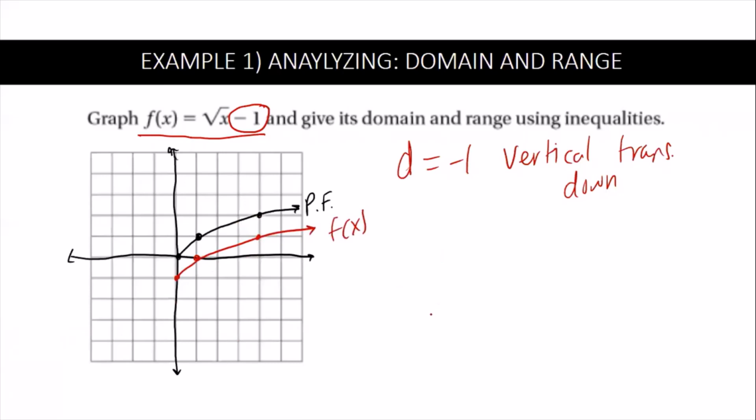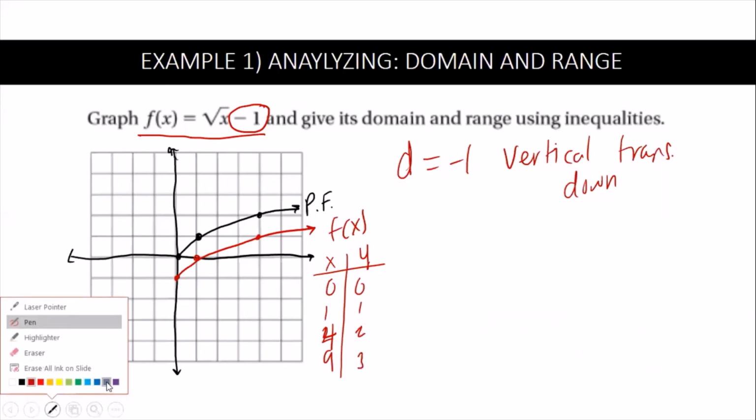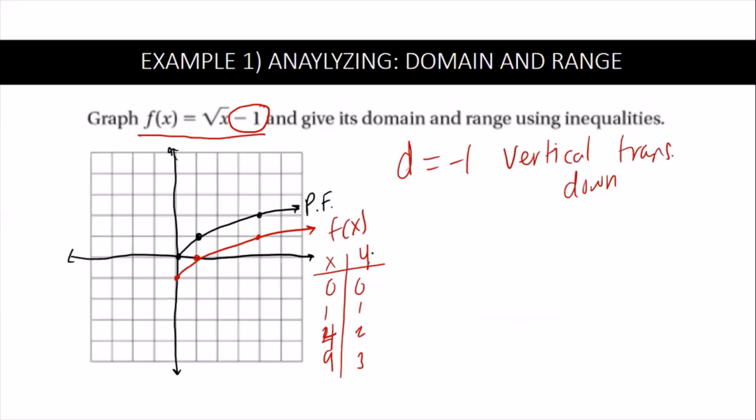So if you were to look at a table to do this, so remember our parent function table where it said your x's are 0, 1, 4, and 9. And your y's were 0, 1, 2, and 3. What this translation is saying is that, remember, it affects your y values. So to each one of your y values, you're subtracting 1, which is why physically we just shifted down 1.